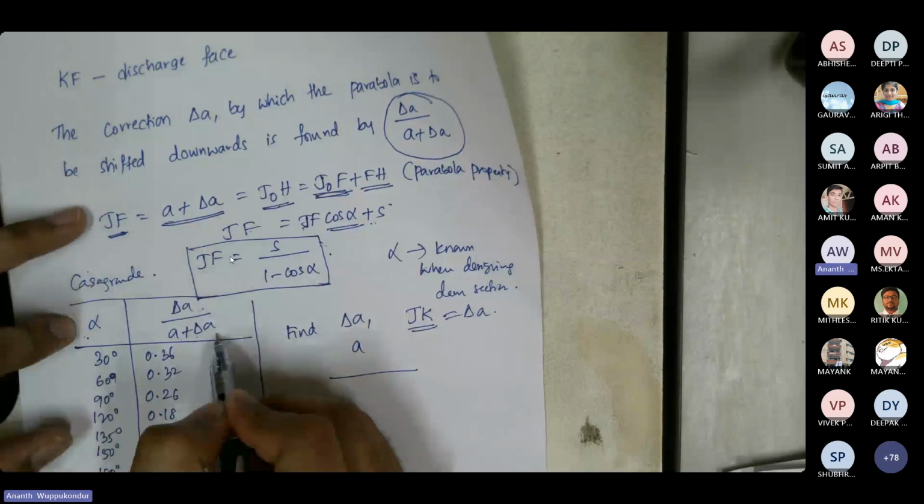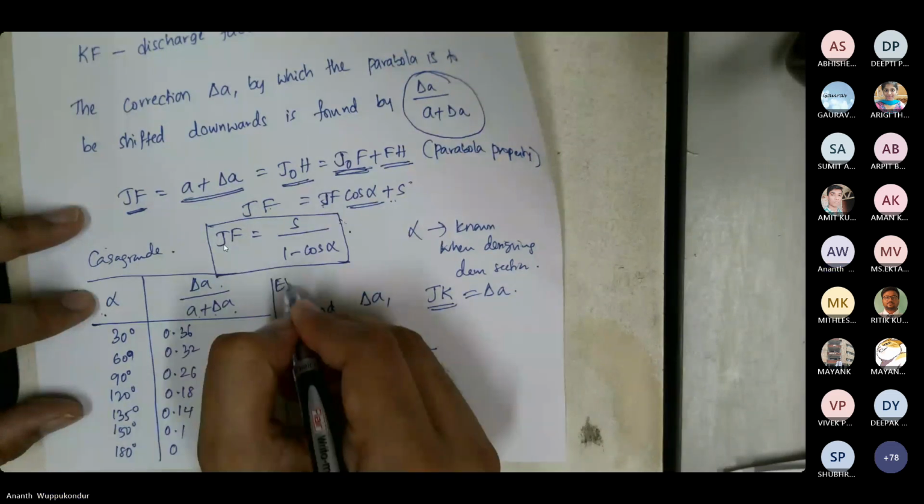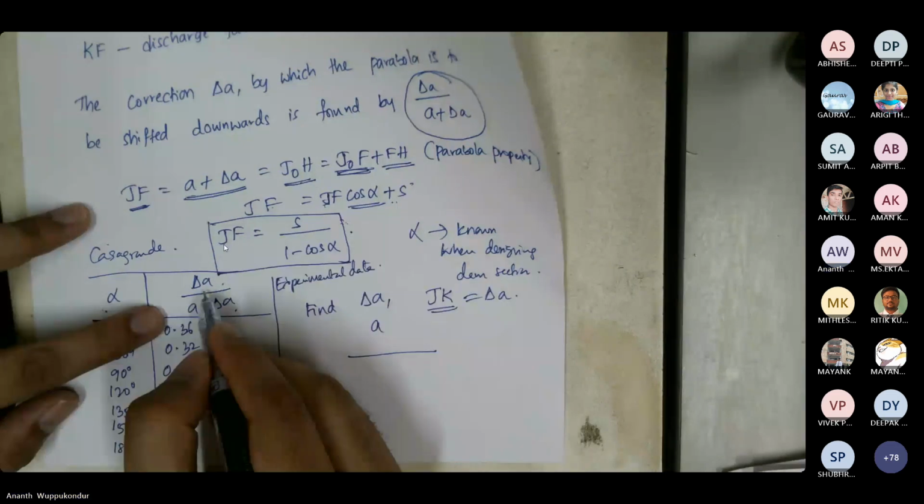So this comes from experimental data. So based on experimental data, we have a relation for delta A by A plus delta A and alpha.